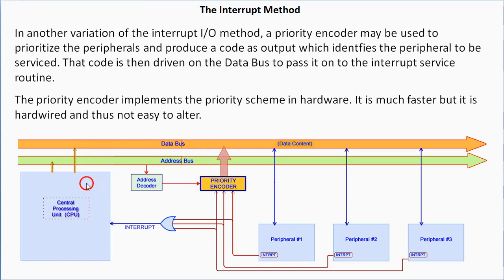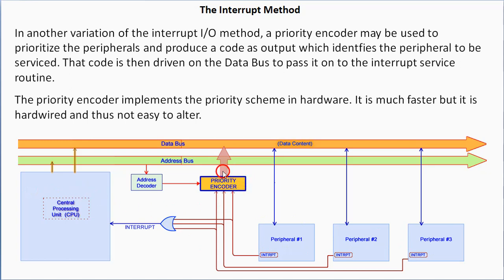So rather than the interrupt service routine trying to determine which peripheral it should give priority to, it is the priority encoder that receives all the individual interrupt requests that determines which of the peripherals has the priority and produces a code, an identifying code for the general purpose interrupt service routine to know which peripheral needs servicing and therefore pass the control quicker to the specific service routine for that peripheral.